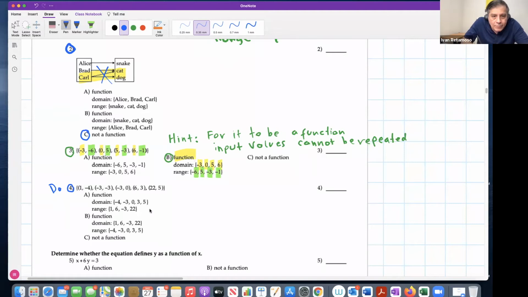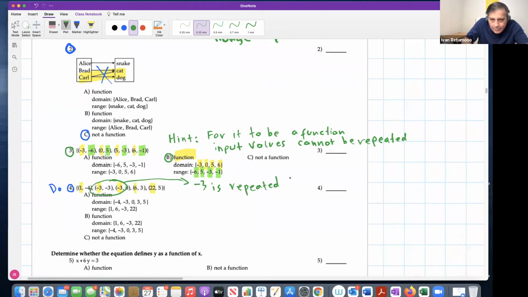I think you got the strategy. At all costs, we have to avoid having repetitions on the input values. For a function, input values cannot be repeated. But notice 1, -3, -3. This is not good. -3 is repeated.